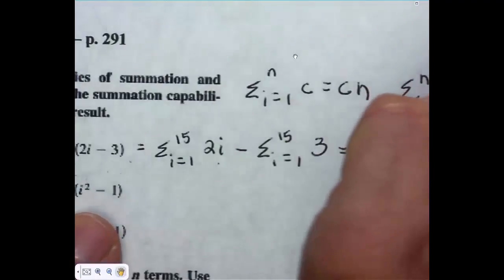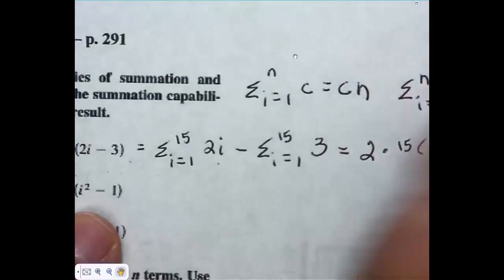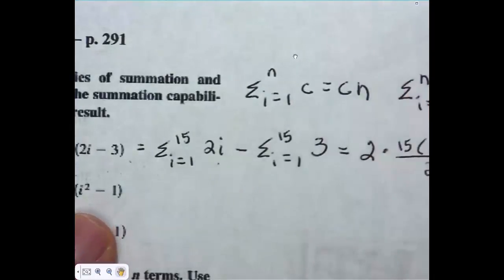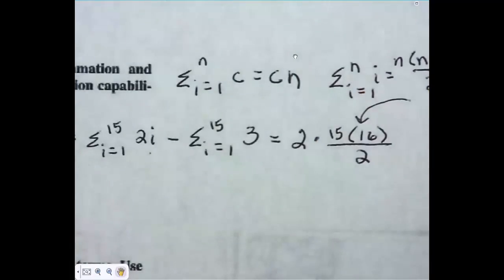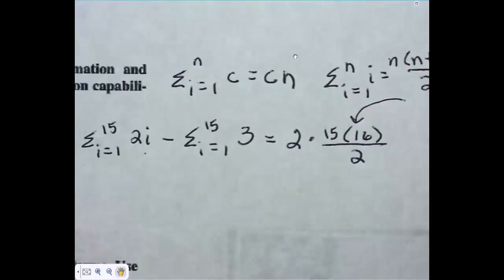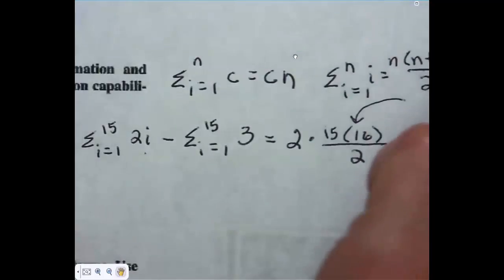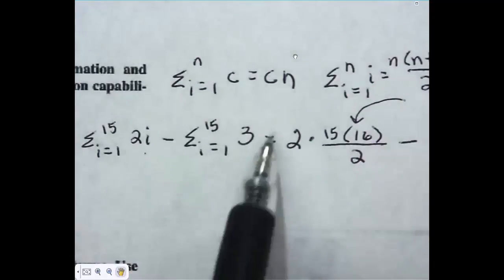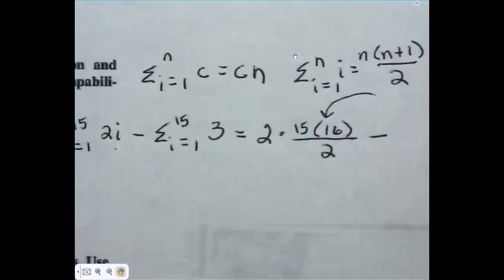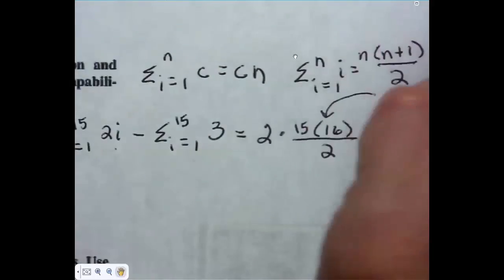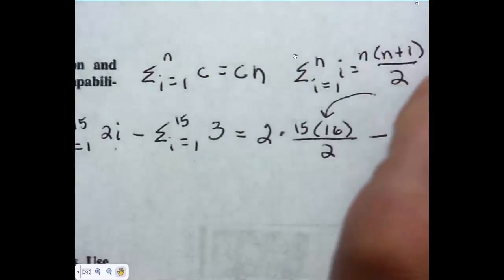So 15 times 16, and then divide by 2. That's using this formula right here. And then subtract what you get if you add up 15 threes. What do you get if you add up 15 threes? Yeah, 3 times 15 or 45.